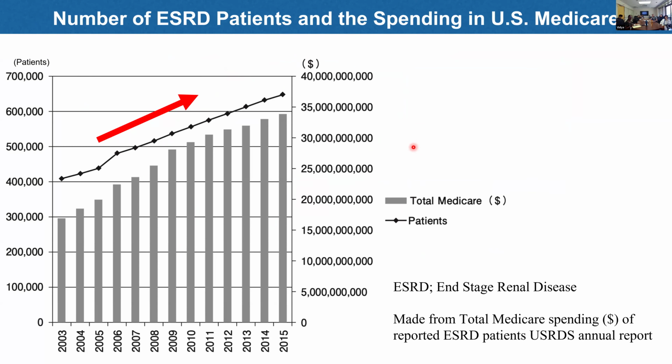Let's look at the current situation of each country. The graph indicates the number of ESRD patients and the spending cost on Medicare in the US. ESRD stands for end-stage renal disease. In the US, the spending cost for end-stage renal disease increases every year.